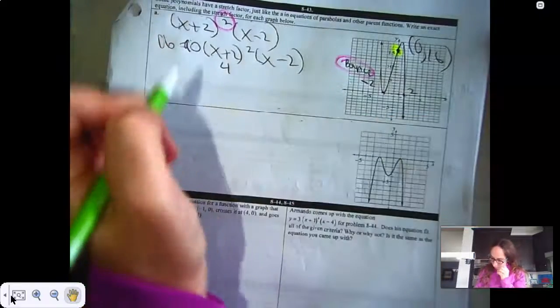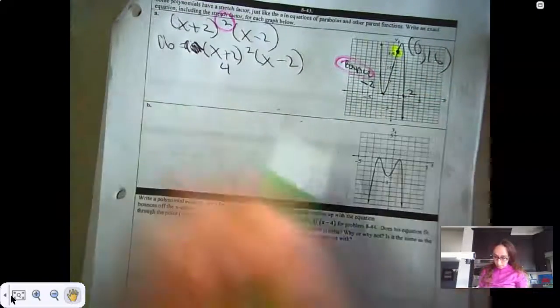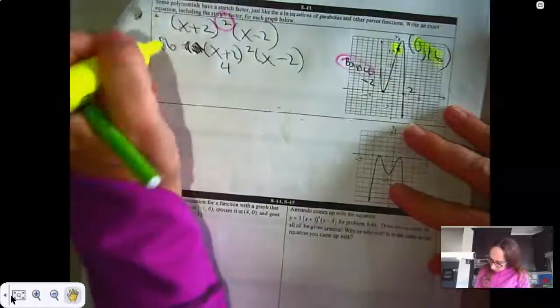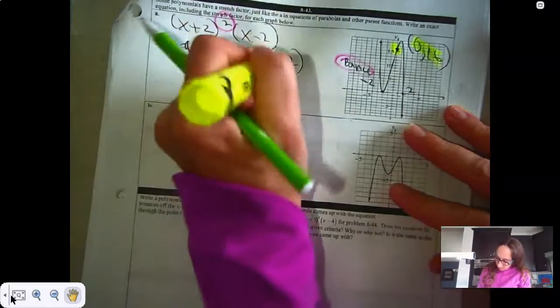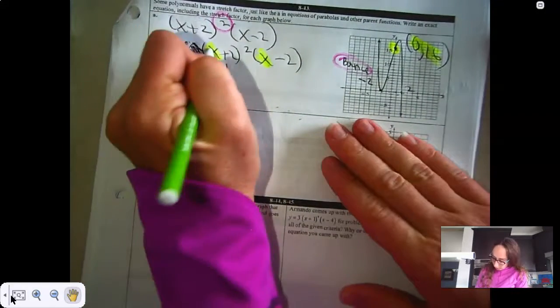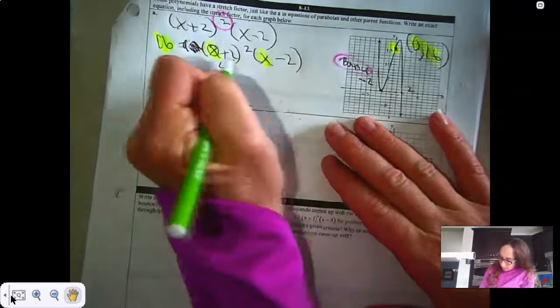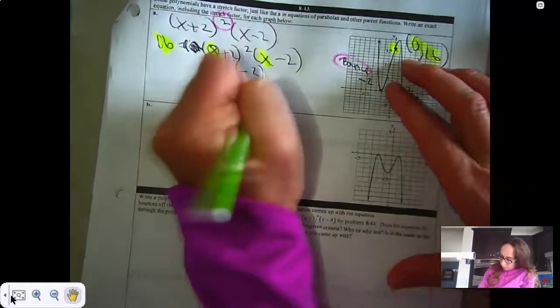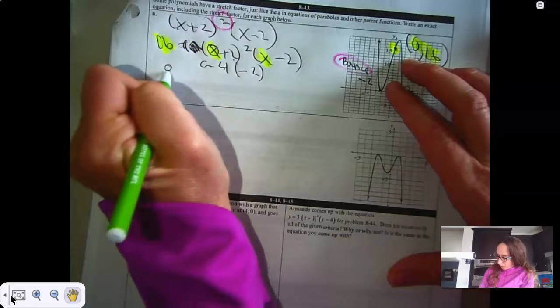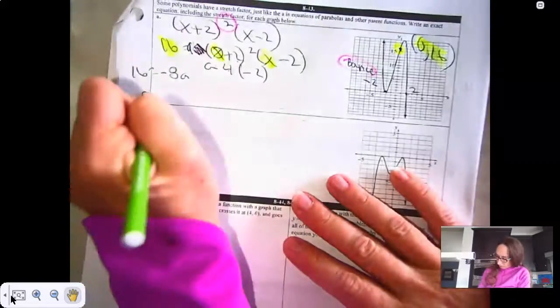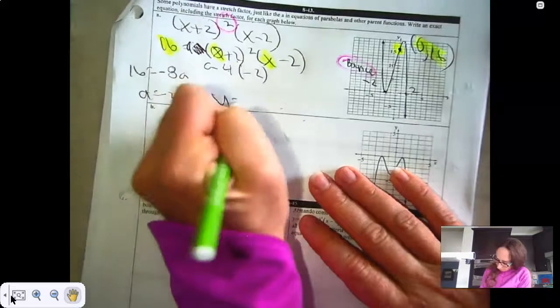Oops, wait a minute, I messed up. Sorry, I went a little bit too fast, so I need to slow down. So 16 goes in for y, and 0 goes in for x. So 0 plus 2 is 2 squared is 4. 0 minus 2 is negative 2a, so negative 8a equals 16. A equals negative 2.